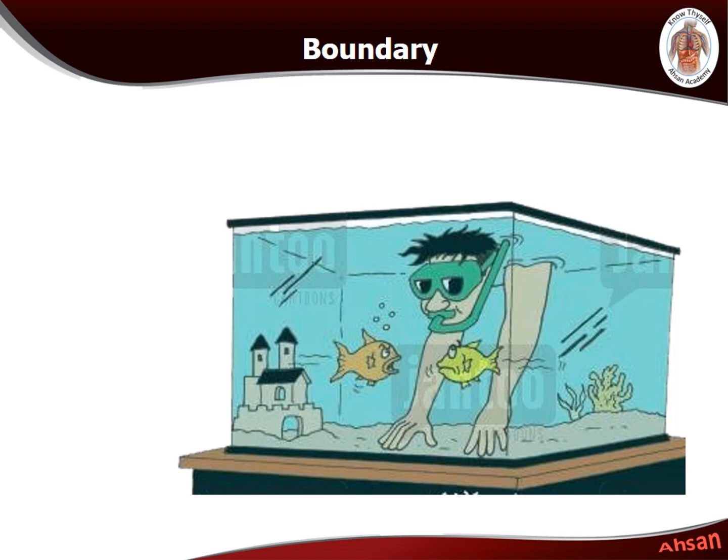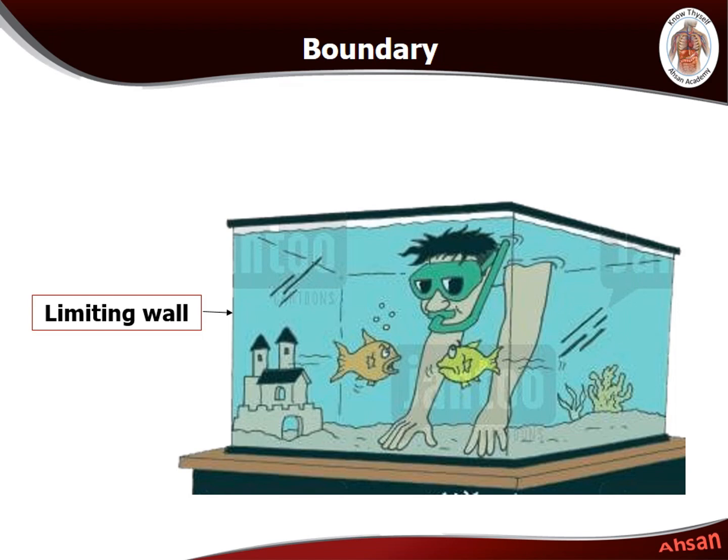Everybody knows what this is. This is an aquarium. Very nice. It has a wall that does not accept any small particles going inside, but you see one wall is accepting a very large human being.